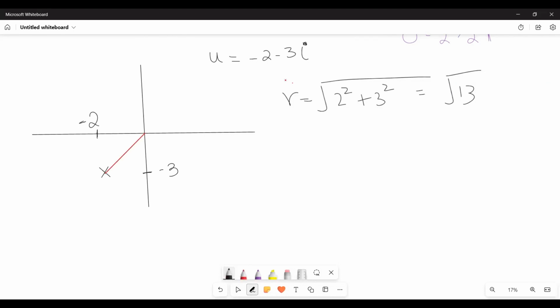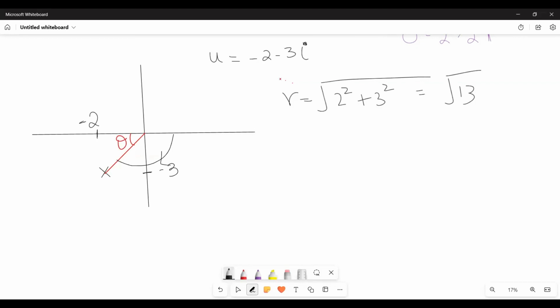Now I need the angle. I will not be finding this angle, because remember theta has the condition that it is between pi and -pi, and this angle is clearly bigger than pi. So what we'll do instead is find this angle. And since it's clockwise, it's going to be a negative angle. So we will find this angle, subtract it from pi, and then place a negative sign with the answer.